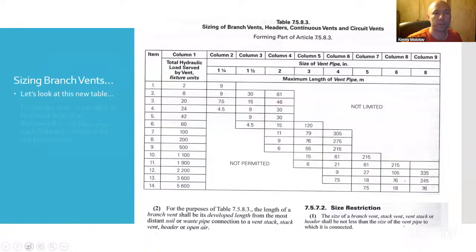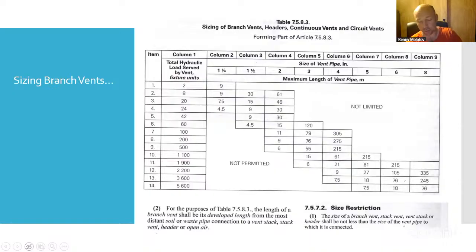Sizing branch vents. We're not going to be able to get through all of this, but I want to just run you through this chart very quickly. This is the chart in the Ontario Plumbing Code, 7.5.8.3. And let me pull it up in the National Plumbing Code. 2.5.8.3.